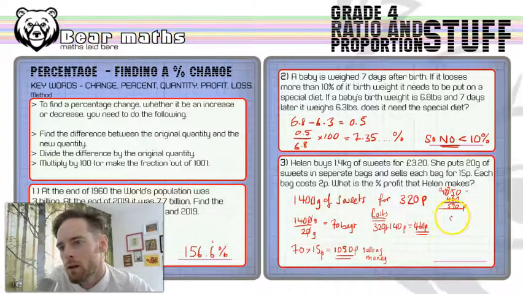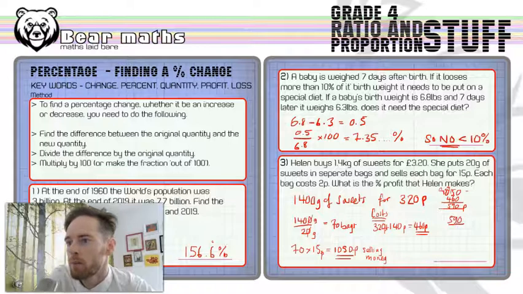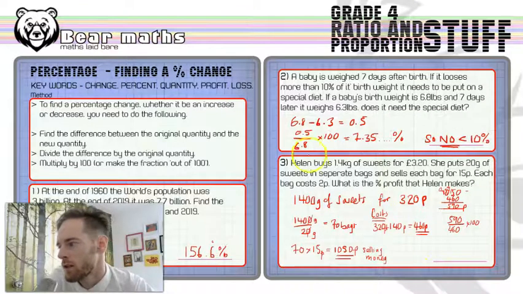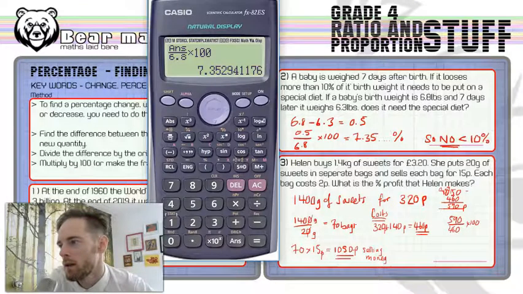The difference divided by the original, 590 divided by the original cost, which was 460. And then multiply by 100. And this is going to be the percentage profit that she has made. So let's have a little look on the calculator, because that's an awkward number.